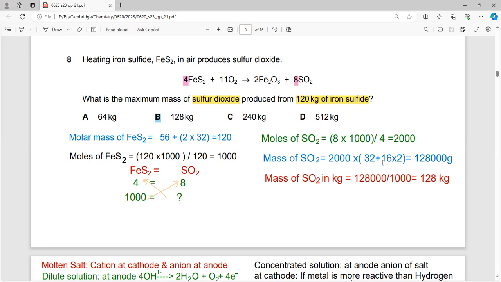So that will produce 64. Now this 64 multiplied by 2,000 will produce 128,000 gram. But we need the answer in kg, so we divide by 1,000. That's equal to 128 kg. So our correct option is B here.